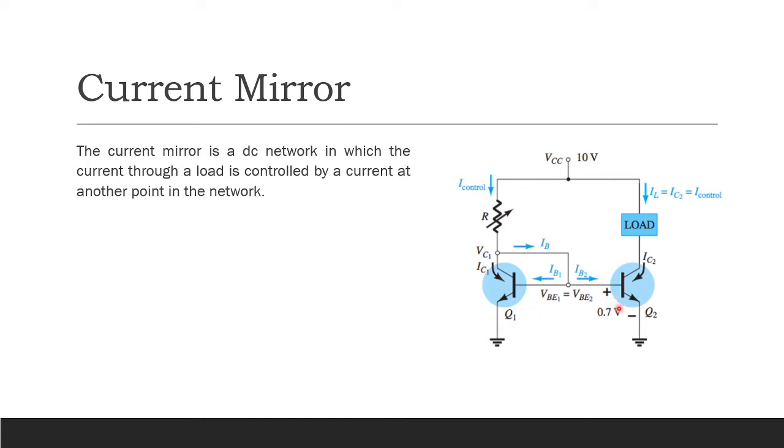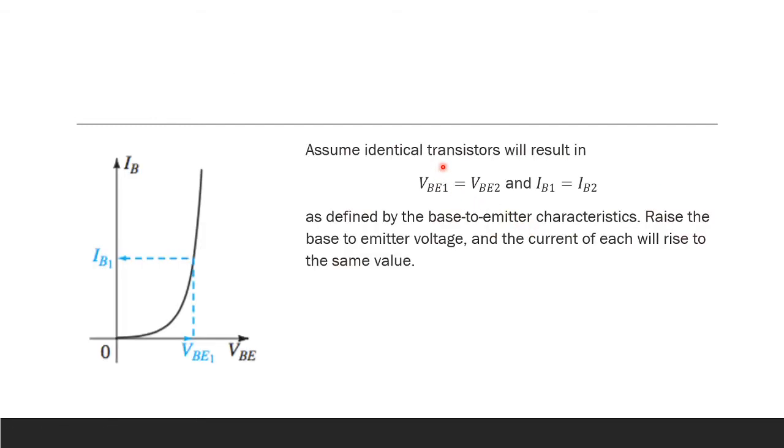Now, we have an approximate value for VBE that is 0.7 volts. So assuming they are identical, VBE is equal to VBE1 is equal to VBE2, and IB1 is equal to IB2. On this side class, this figure is the characteristic curve of a transistor.